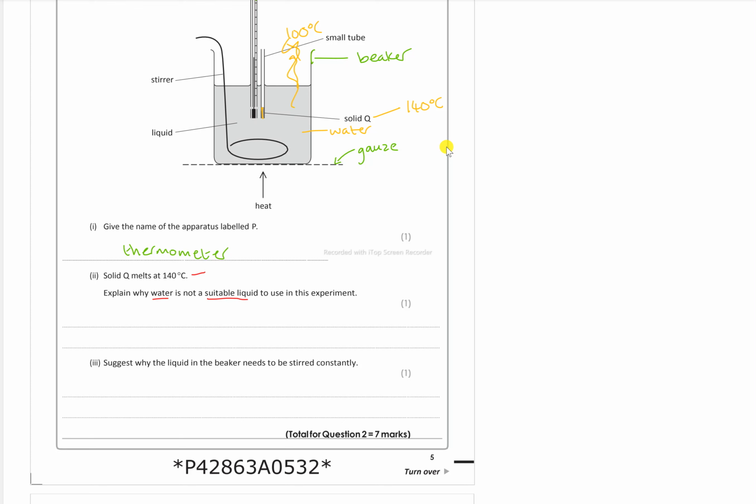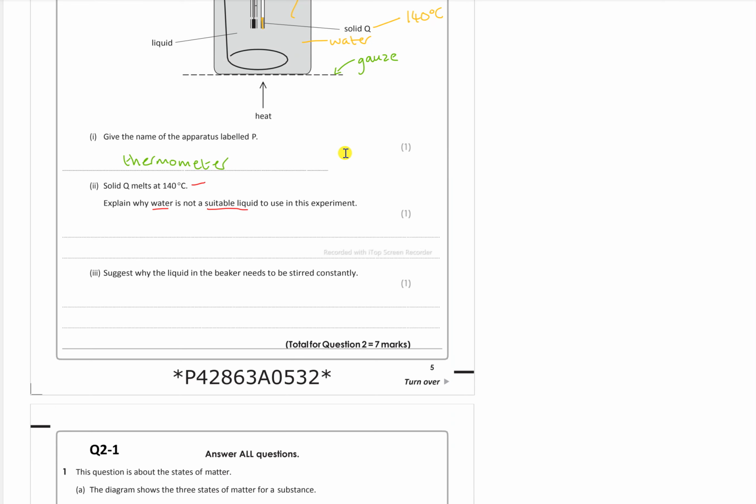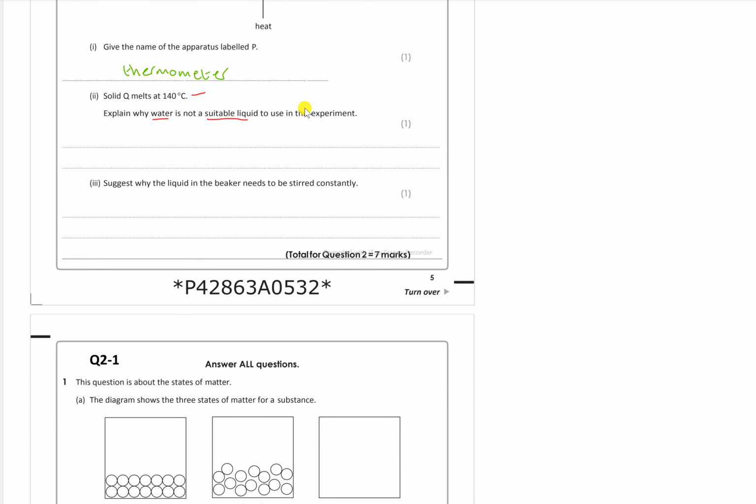So this will all have evaporated before that melts. So that's why it's not suitable, because water boils at 100 degrees Celsius, and that'll boil off before it's melted. So just why the liquid in the beaker needs to be stirred constantly.